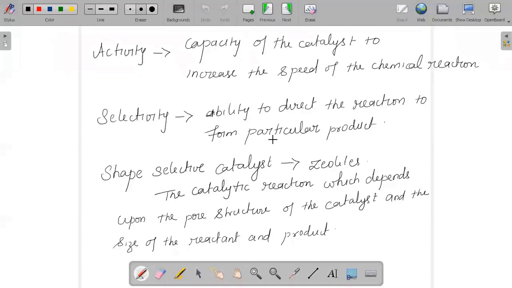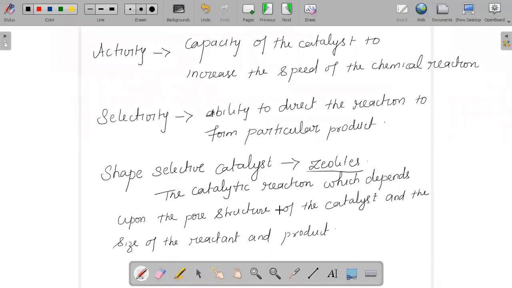And in that type of catalyst, when we say selectivity, we have a name, shape selective catalysis. The example of shape selective catalysis is zeolites. The reaction taking place in zeolites will depend upon the fact that they are good shape selective catalysts because of their structure.